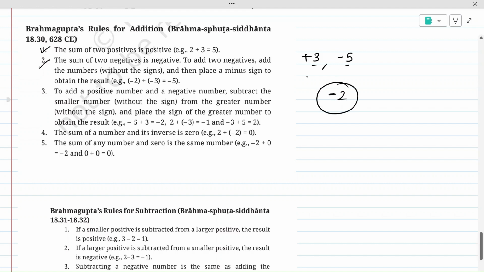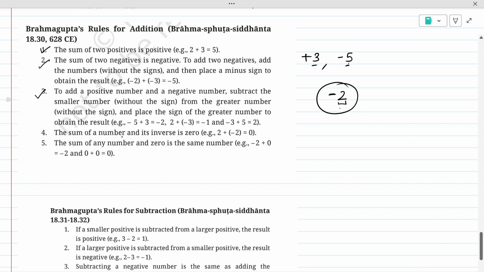Example: we have two numbers of opposite sign. Since they are of opposite sign, we have to do subtraction. So we do the normal subtraction, 5 minus 3, and we get 2. Now we put the sign of the bigger number here. This is how we can do this.